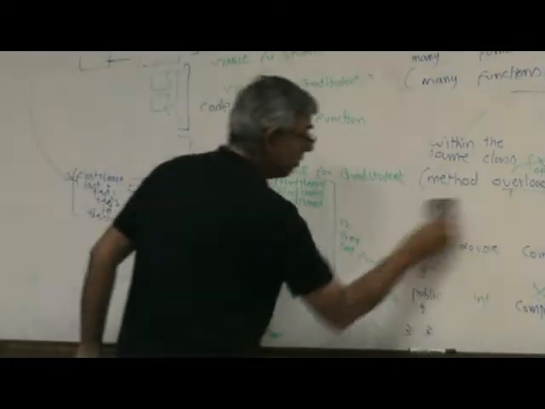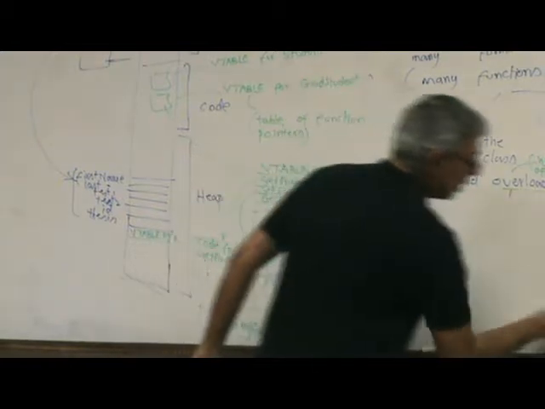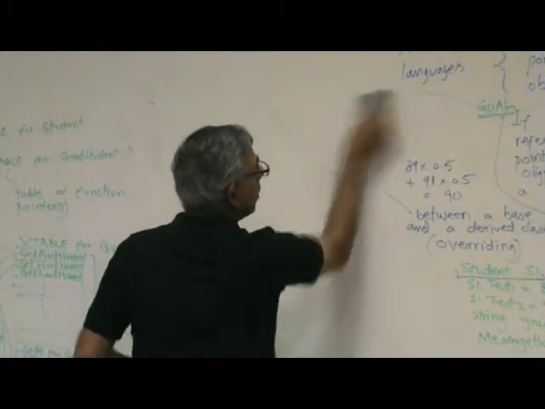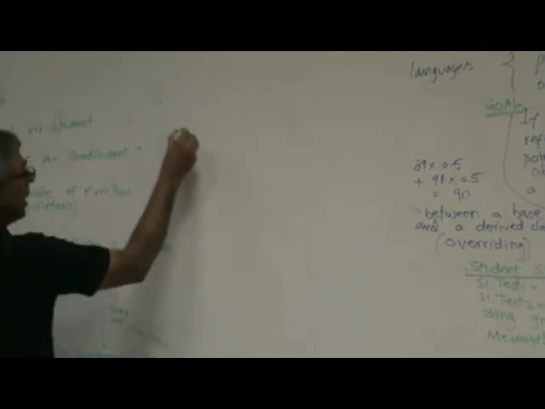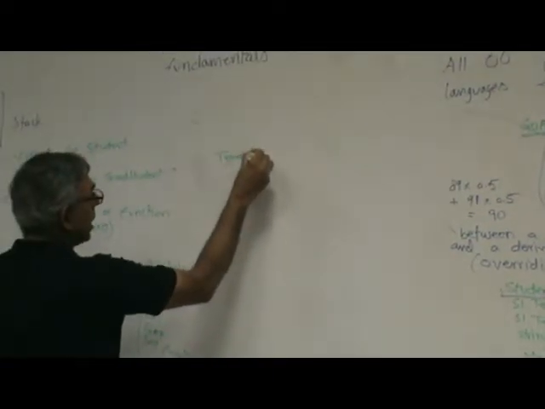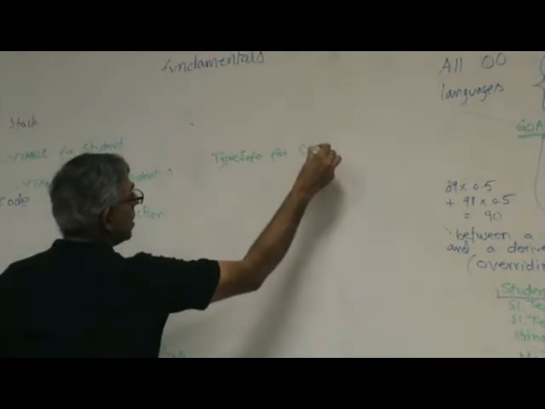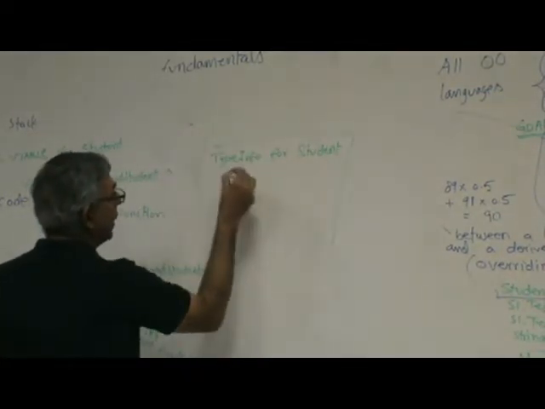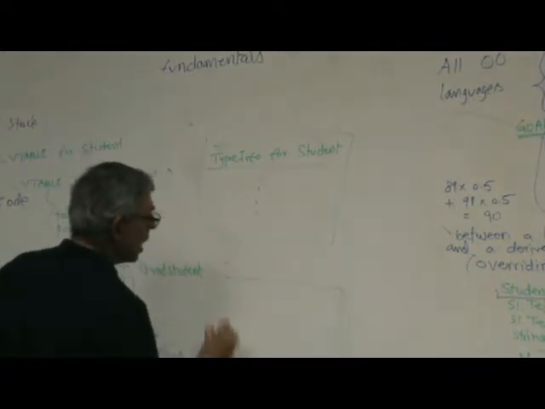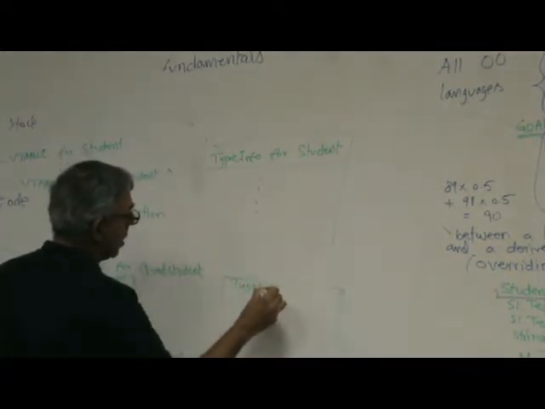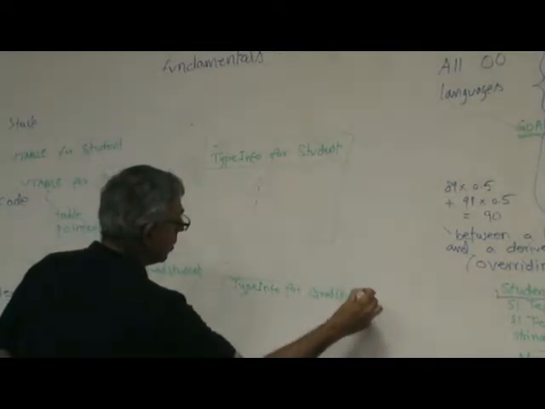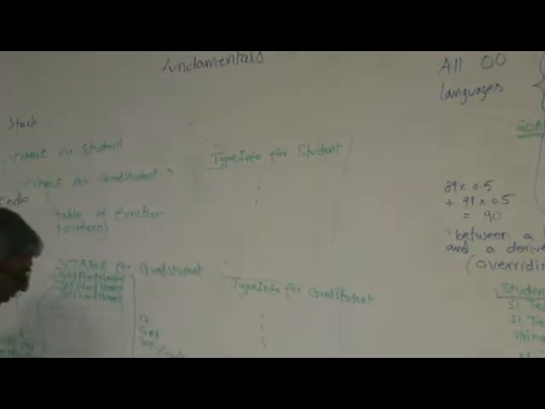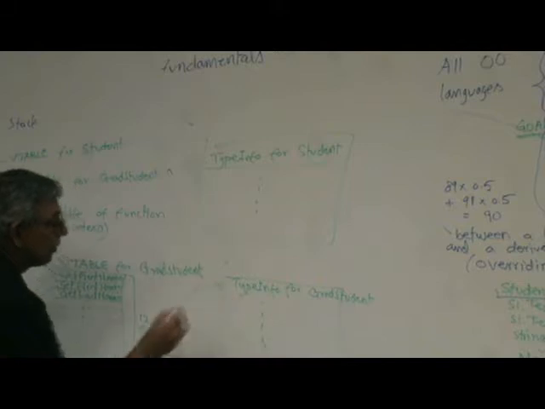So in the code area, there will be type info for student with a lot of information. There will be type info for grad student, again with a lot of information. So this one over here will be pointing to over here.